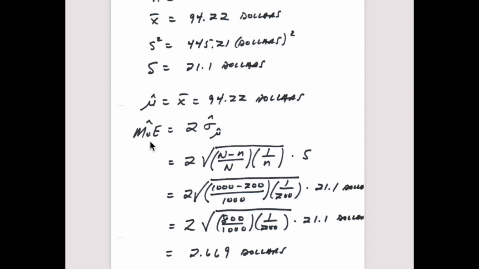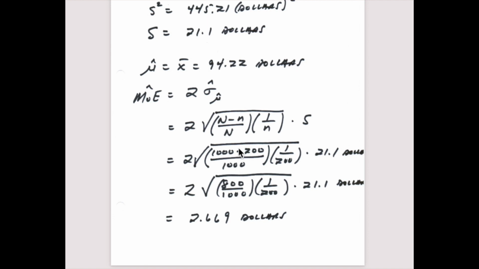That estimated margin of error is 2 times the estimated standard error of mu hat, which is equal to 2 times the square root of (N minus n) over N times 1 over n, and then outside of the square root sign is the sample standard deviation, S. The population size is 1,000. The sample size is 200. Performing this calculation, we get $2.669 rounded to 3 decimal places.